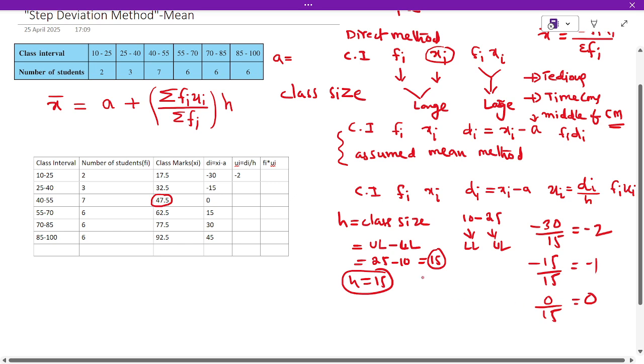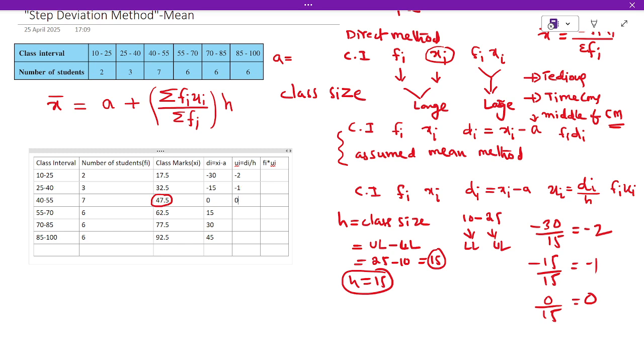If you divide all these di's by 15, this is going to be minus 1 and 0, then 1 and 2, and this is 3. Now you can clearly see, compared to the earlier numbers... okay, let me complete this column, then we'll make the conclusion.